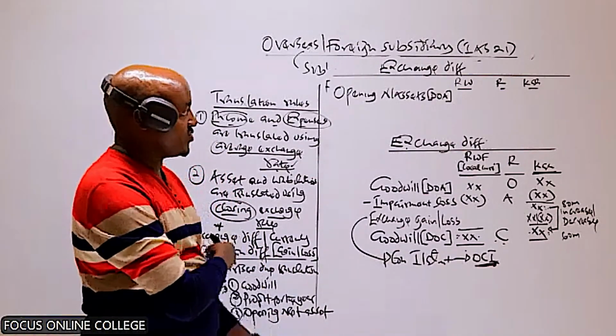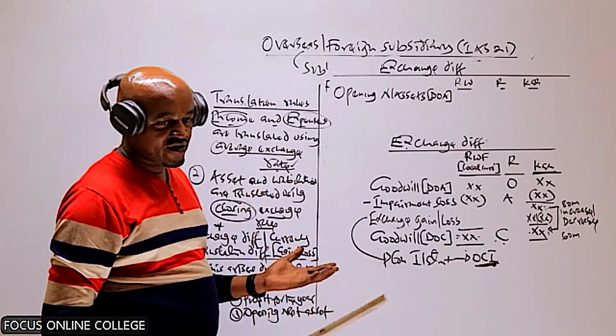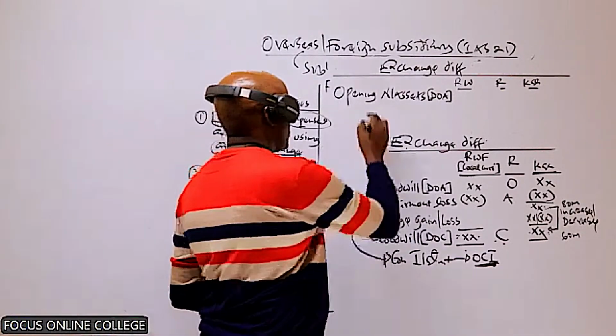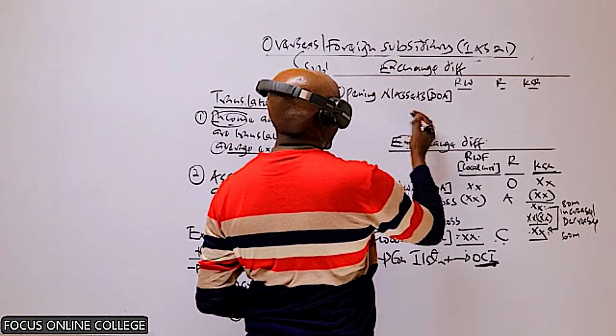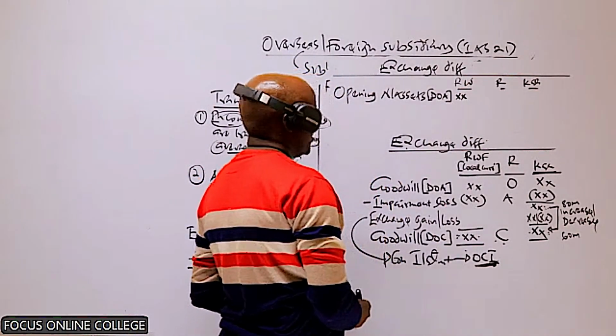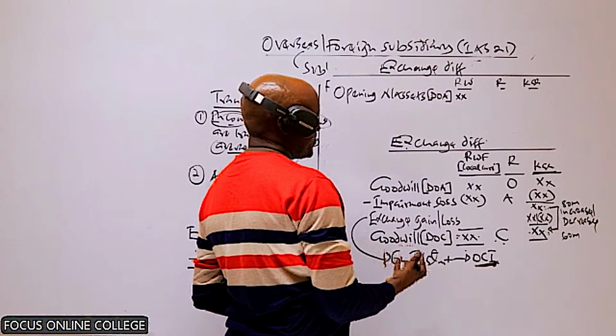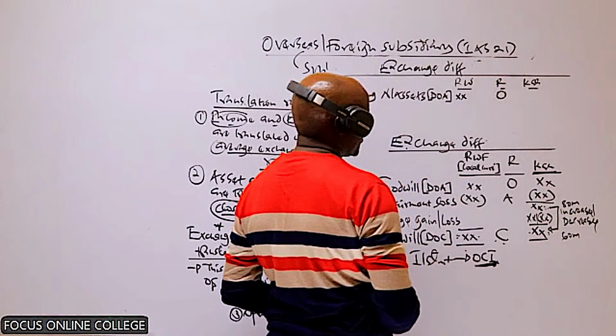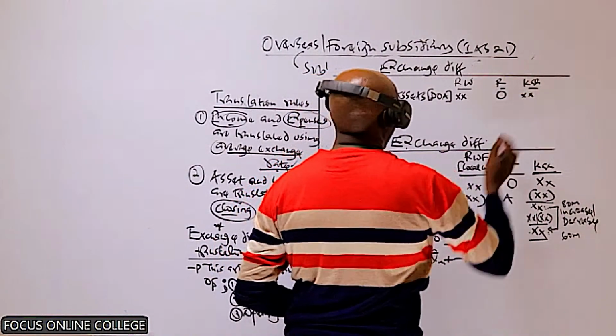Remember, a foreign subsidiary will have been acquired at the start of the year. So take the opening net asset on the date of acquisition in local currency, for example rand and franc. Translate that into Kenyan shillings using the opening exchange rate. You get the values here.